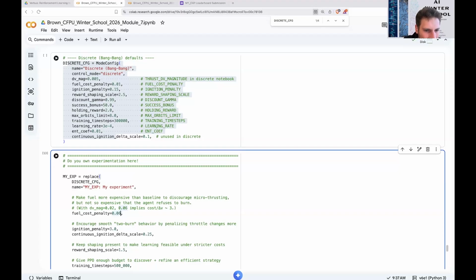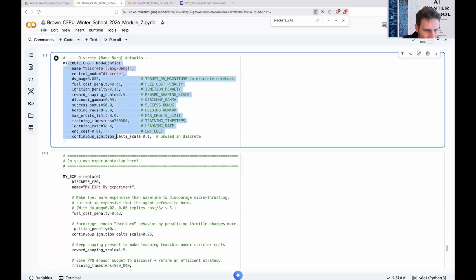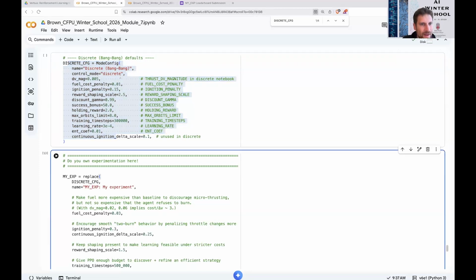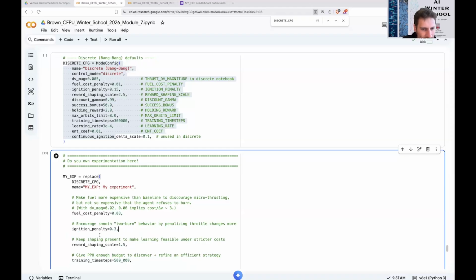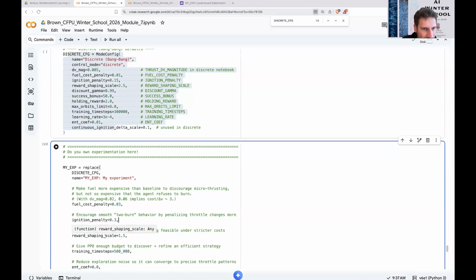Although maybe not that much higher. I can also make it more, maybe a factor of two. On the ignition penalty, I don't think we need to even adjust this, because that's only for continuous.